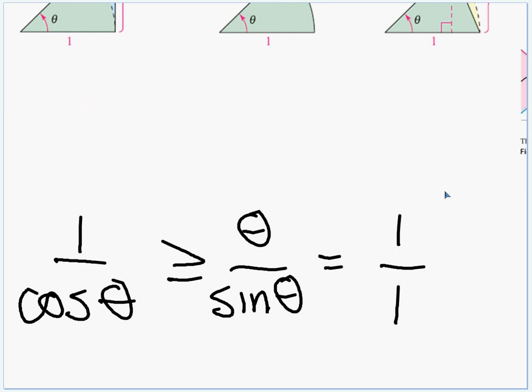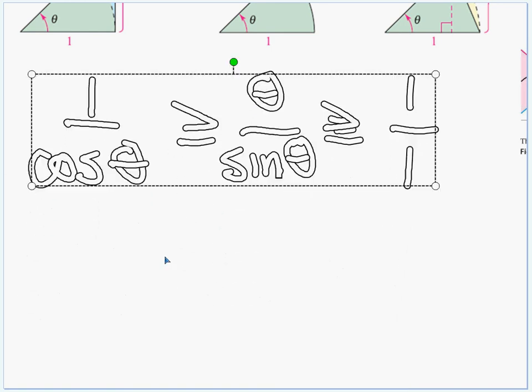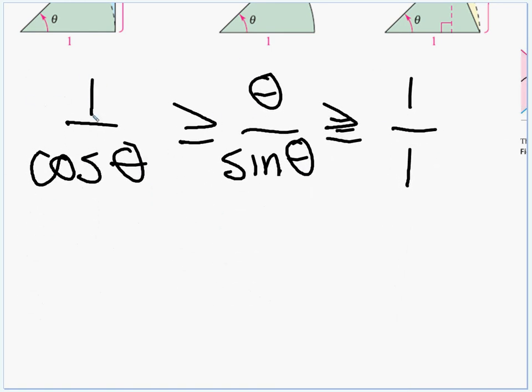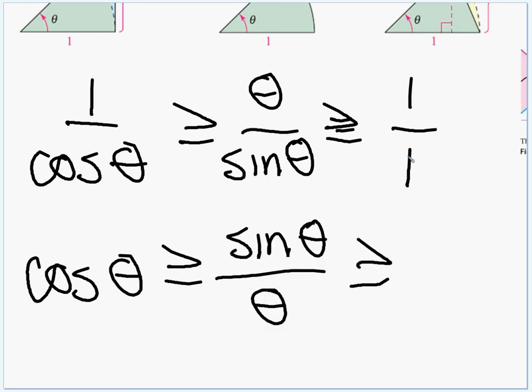If we flip over one of the fractions in our ratio, we flip over all of them. So here 1 over cos now becomes cos over 1, greater than or equal to. We can flip this over. Now it's sine theta over theta, greater than or equal to 1 over 1. We flipped it over. It is still just 1.